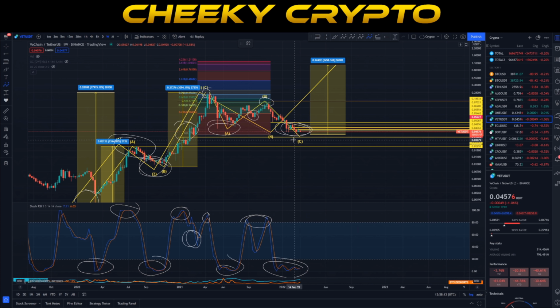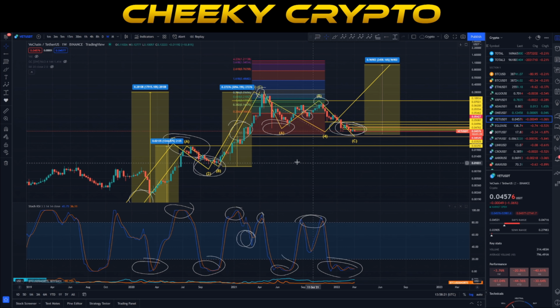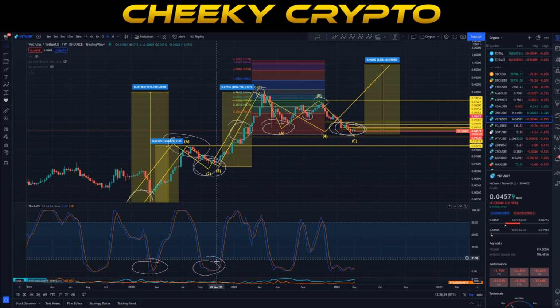Alternatively, with everything that's going on from a fundamental point of view, it might just end up with an impulsive break, but we'll have to monitor those situations as time progresses. But the main point I'm trying to make is we're in a really good position on the macro trend. We are looking for a significant push to the upside, and the data here is suggesting that it is going to be quite a significant push.